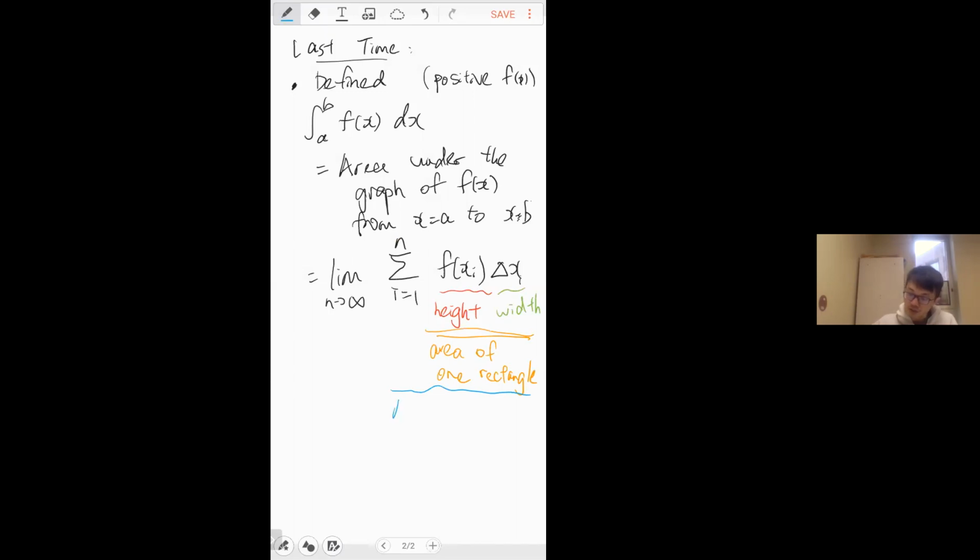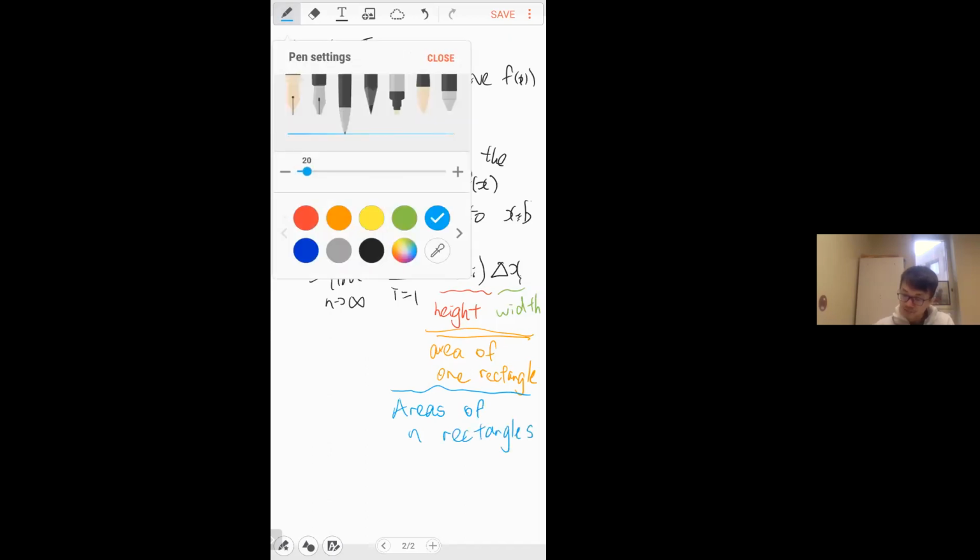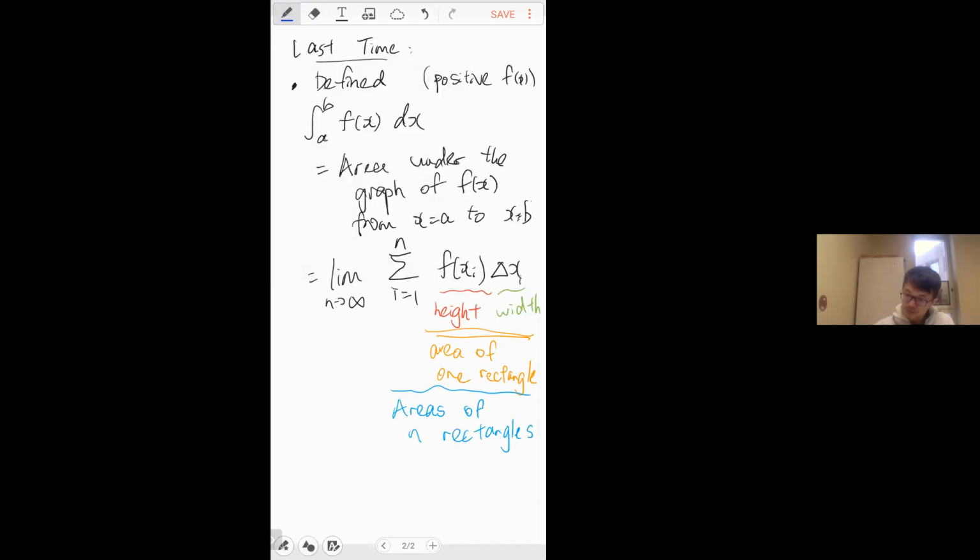So what you get is the area of n rectangles. And when you take the limit as n goes to infinity, you're taking infinitely many rectangles. That gives you the exact area under the graph.